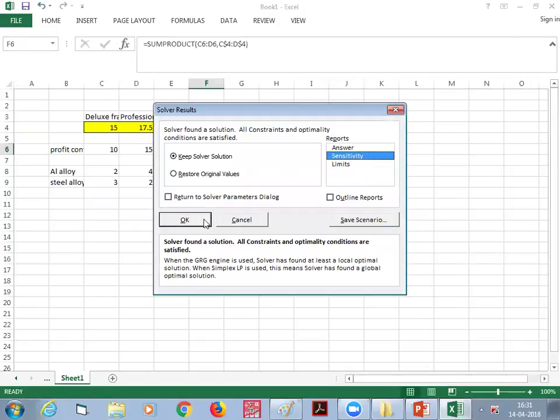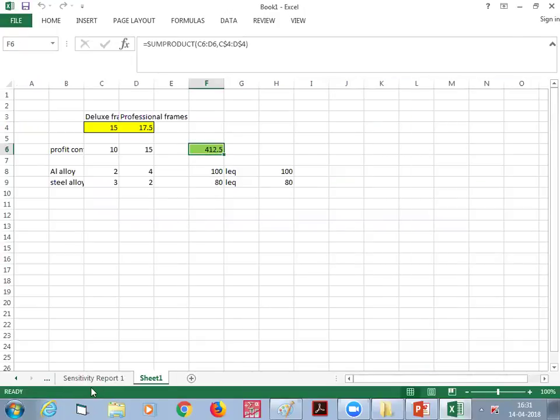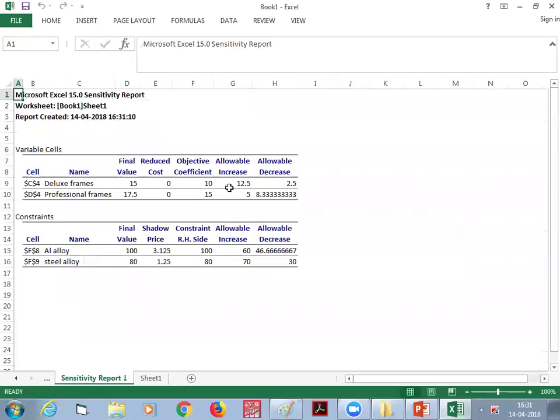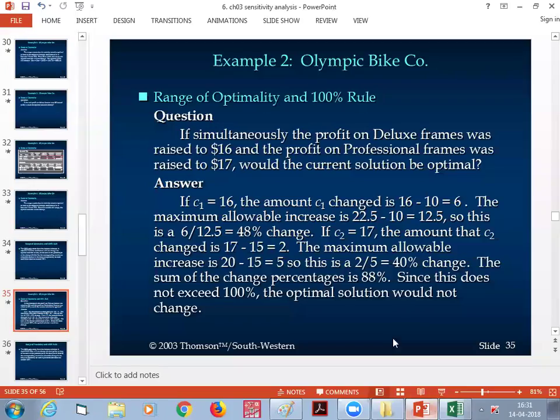Now if we look at the coefficient range for C1, it's between 7.5 and 22.5. And for C2, it's between 6.666 and 20. Now, both of them have changed.